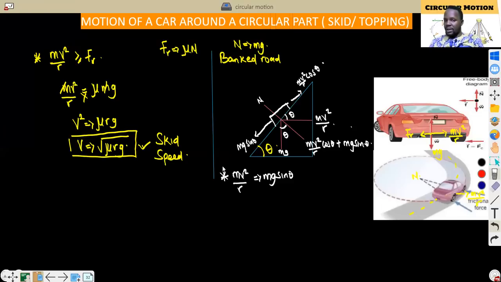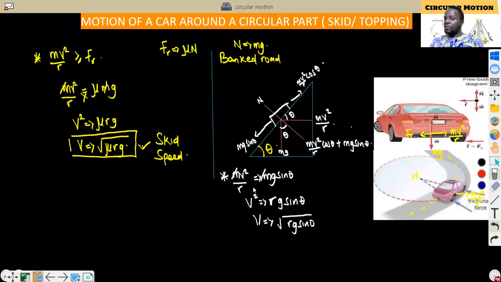That is for a banked road, the first case. What happened? m gets cancelled out as usual. Let's be fast. I say v squared here is equal to rg sine theta. Right? So you can say the safe speed is equal to the square root of rg sine theta.